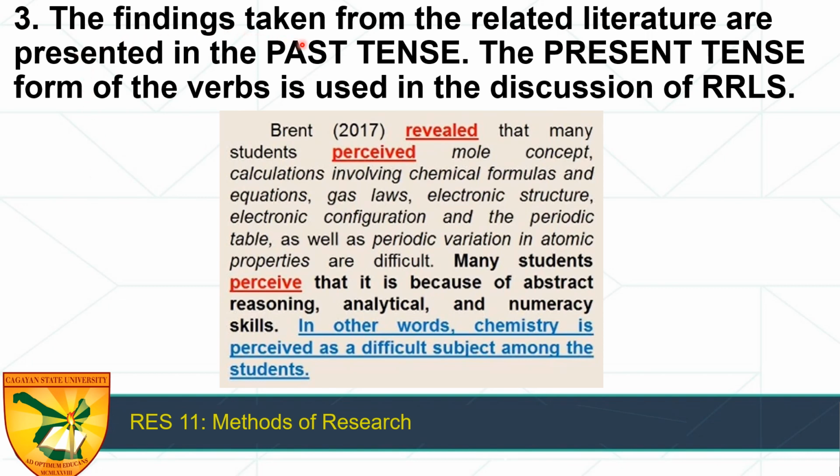The findings taken from the related literature are presented in the past tense, and the present tense form of the verbs is used in the discussion of RRL. So you will see here in the blue part, in other words, this is what you're saying as the writer of the related literature. In other words, chemistry is perceived as a difficult subject among the students.